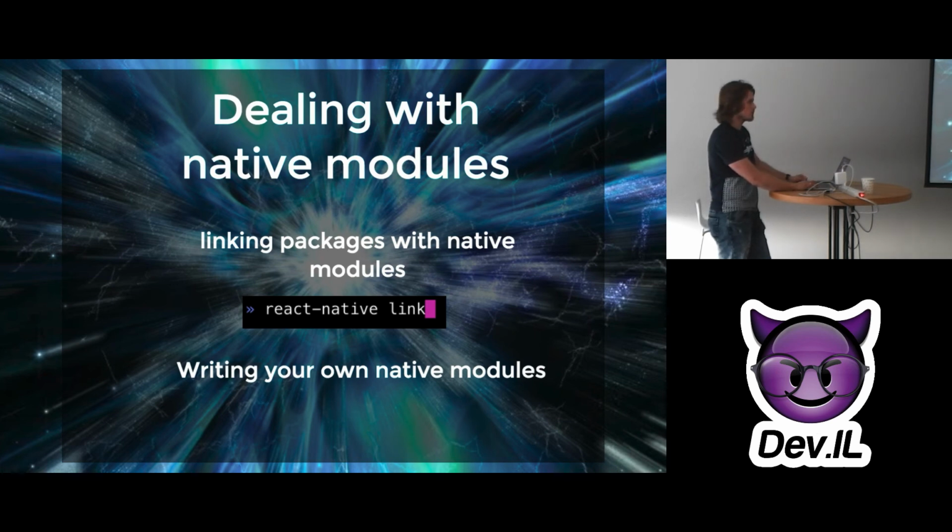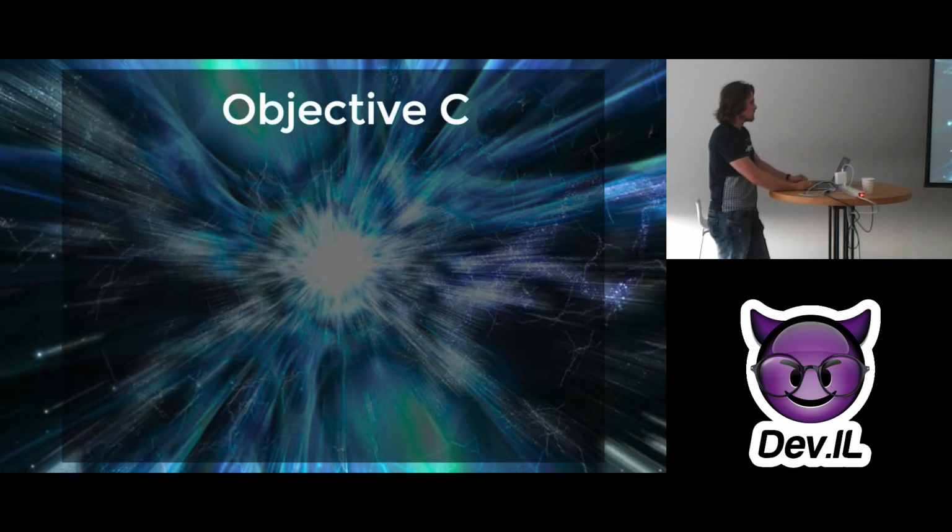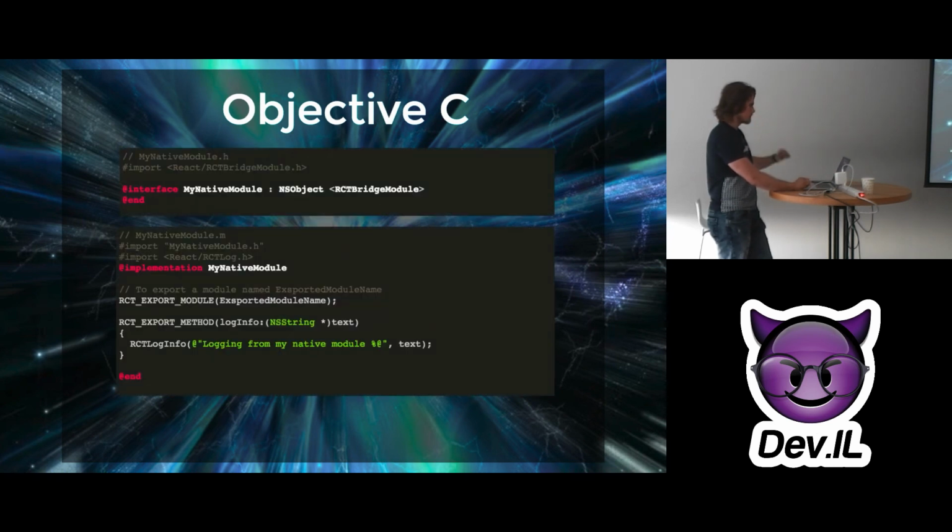And you can write your own native modules. So how do we do that? Briefly, in Objective-C, you create two files. You create my native module header file, and you import the React RCT bridge module header, and you declare an interface, which basically extends the RCT bridge module. And then you have your native module.